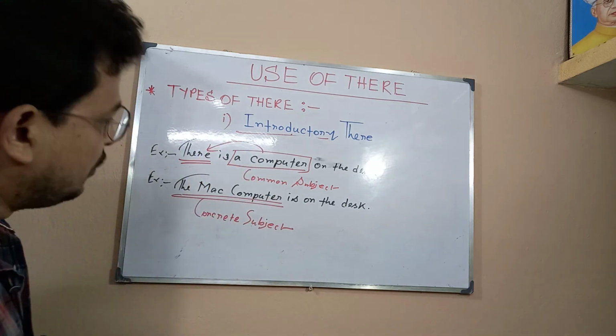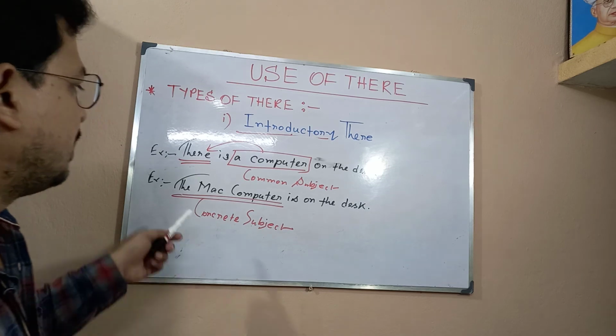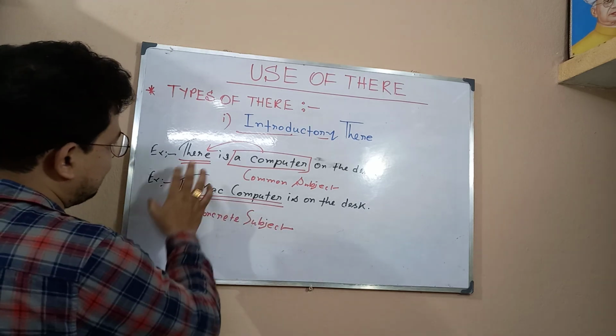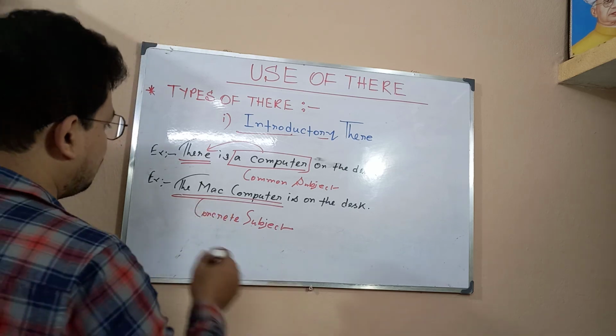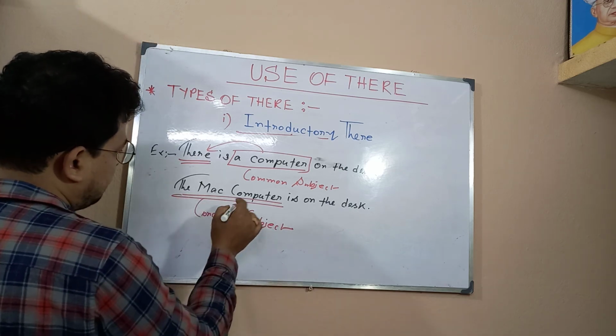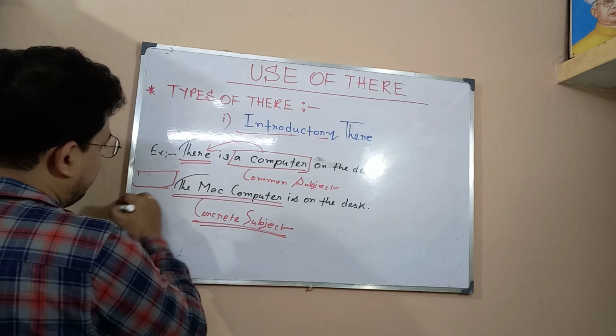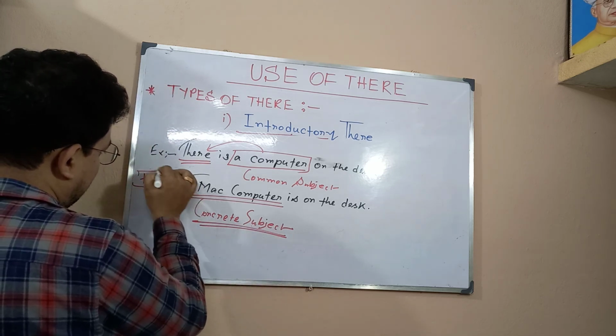You can see that introductory there is used in the first sentence, but there is not used in this sentence. Introductory there is not used because before a particular concrete or proper subject, I cannot write there. It will not happen.